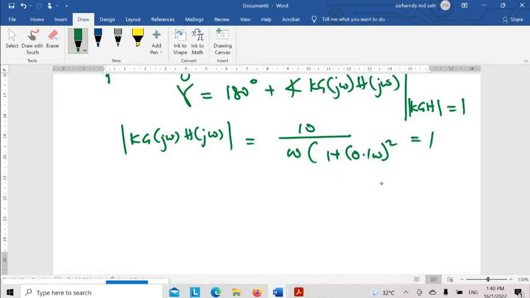So when you try to solve this equation, you will get 0.01 omega cube plus omega, lebih kurang nanti awak akan dapat 2, equal to 0.